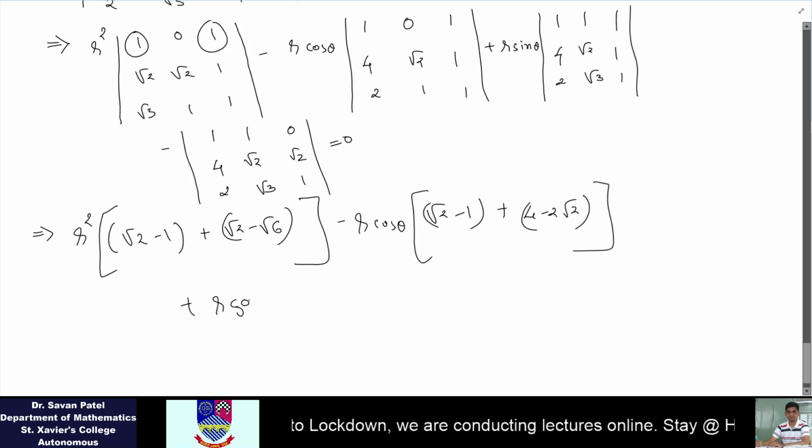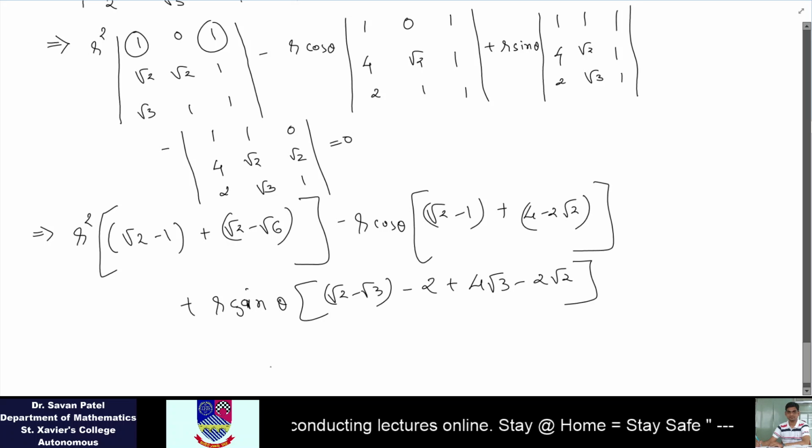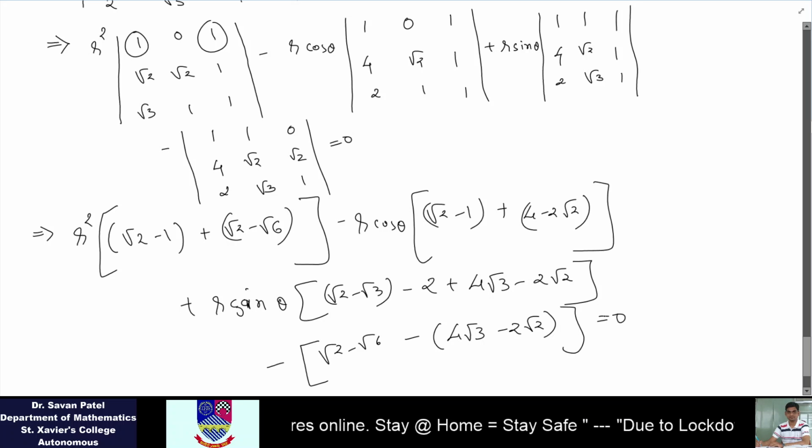Plus r sin theta in bracket, here the determinant of this is root 2 minus root 3, minus the determinant of this, 4 times 1 minus 2 times 1, so 4 minus 2, that is 2, plus 1 times the determinant of this, that is 4 root 3 minus 2 root 2, minus the determinant of this, that is root 2 minus root 6, minus 4 root 3, 2 root 2, equals 0.